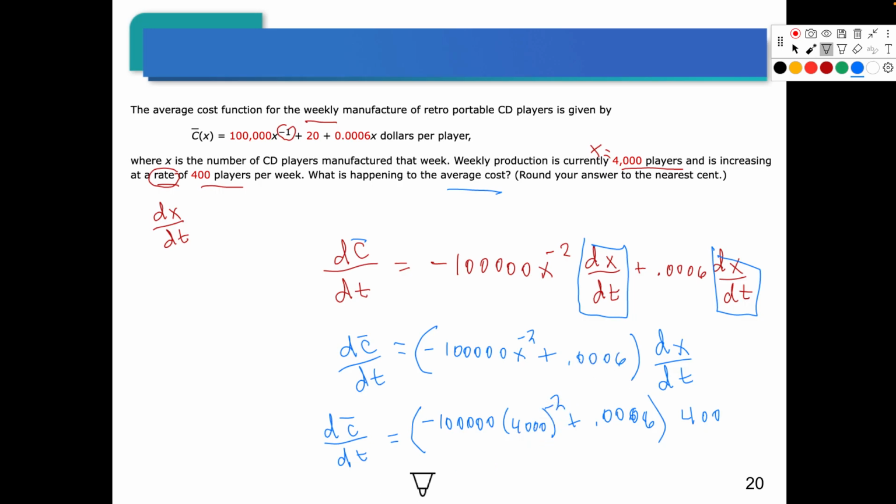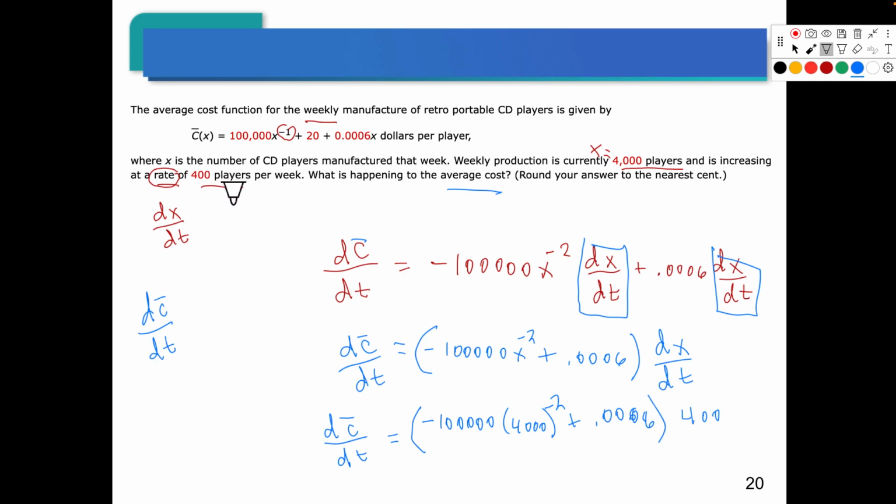When I do that, let me write that over here, dc dt. See if I did that right. There's 4,000 players. The rate of increase is 400 players.